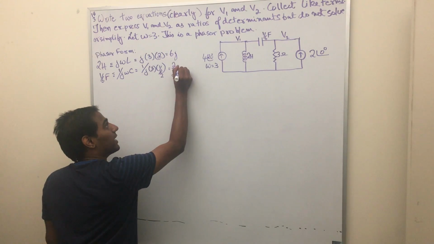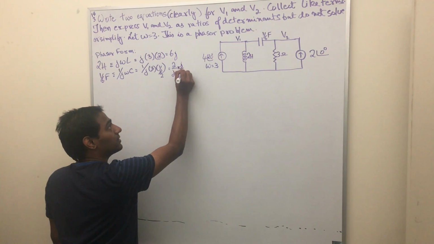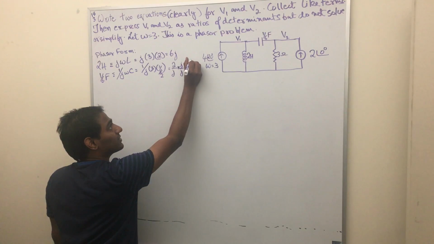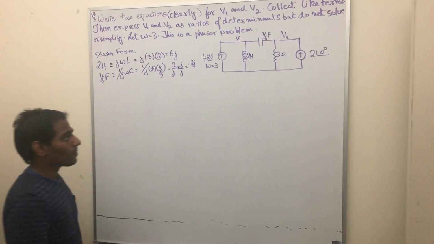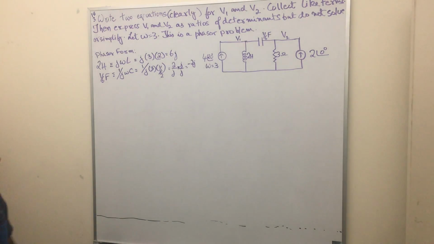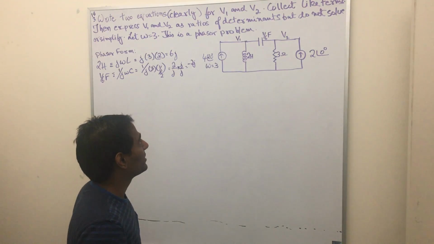Multiply and divide by j, and you would get minus 2j. And the resistor remains the same as 3 ohm.